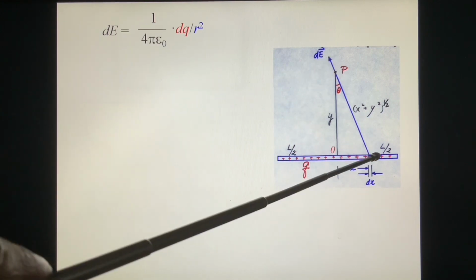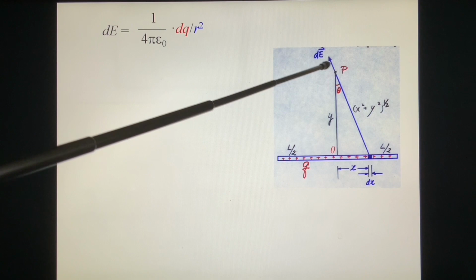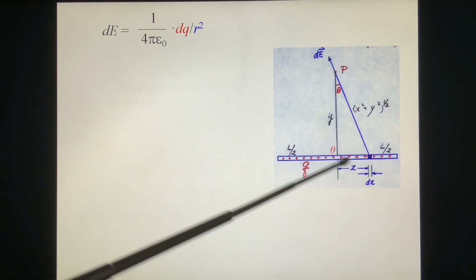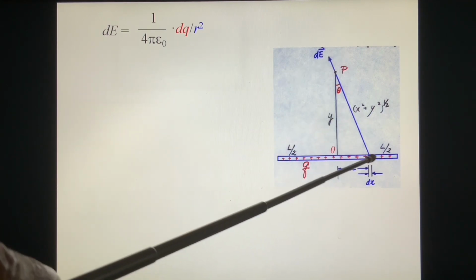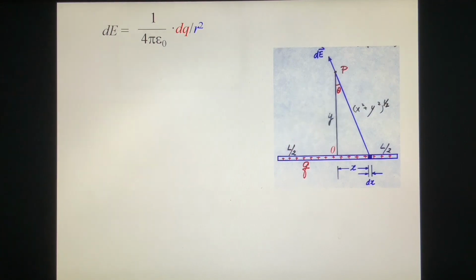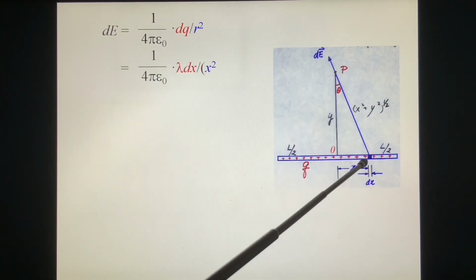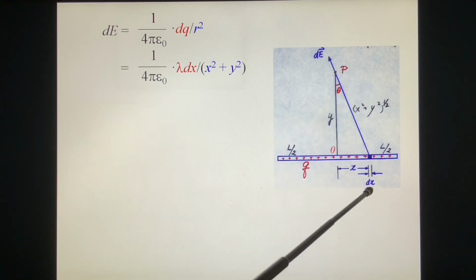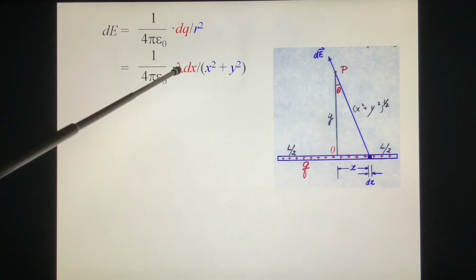This r is the distance from P to this point, which in this question is the square root of x squared plus y squared. And dq is equal to lambda dx. Lambda is the linear charge density, which is equal to Q over L.